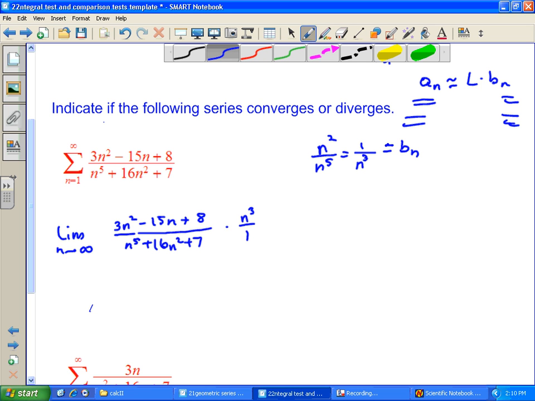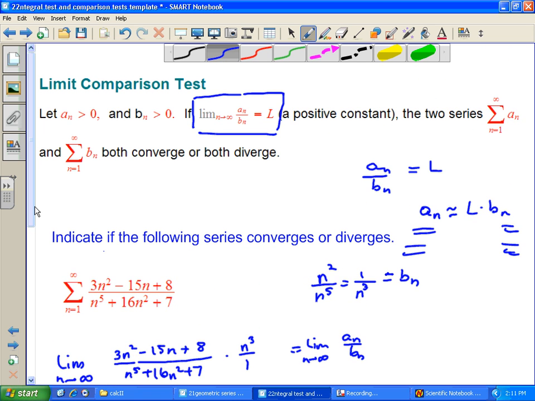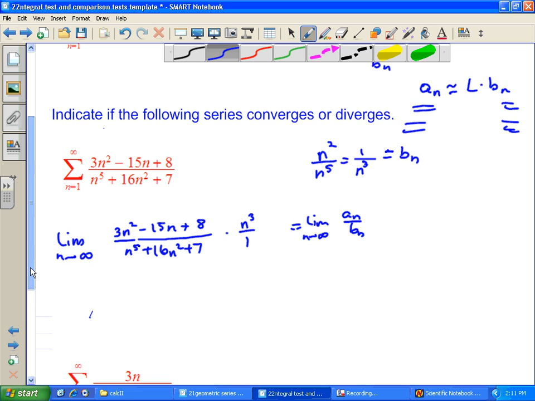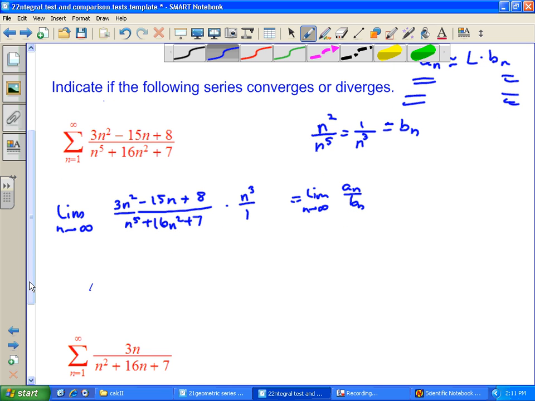So what I wrote here is my a sub n over b sub n. We need to find this limit because the rule says find that limit and verify that it is a constant. But the way we're picking these b sub n's, they will always turn out to be a constant. So this is really a formality, what we're doing right now. So what is this limit, by the way? All you have to do is look at your highest degree terms.